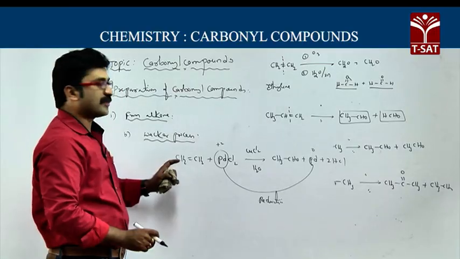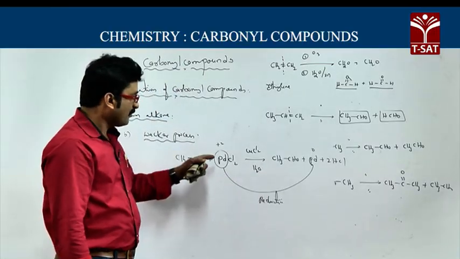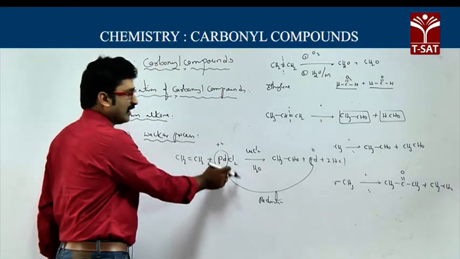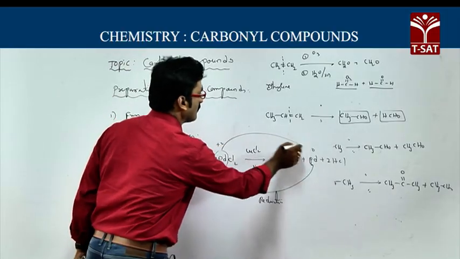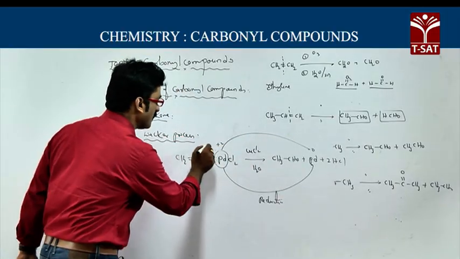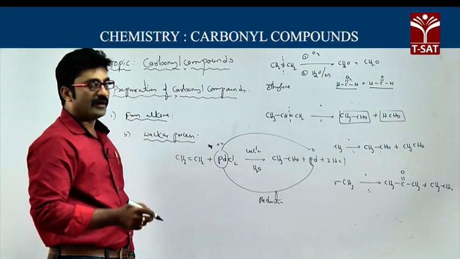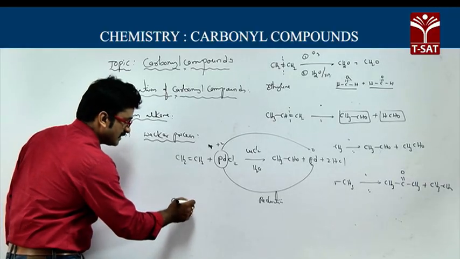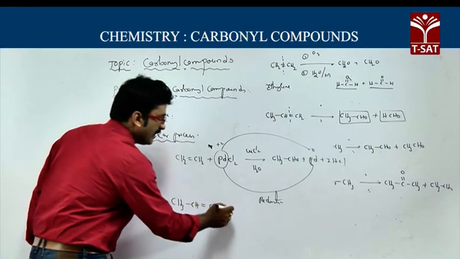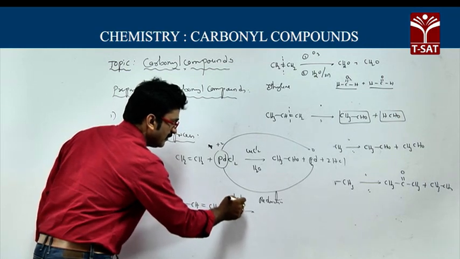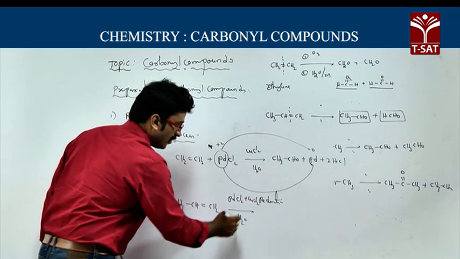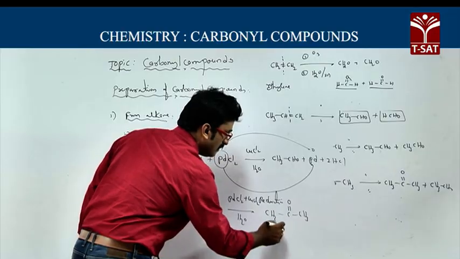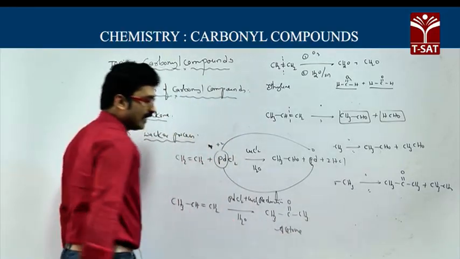So in Wacker's process, or in the preparation of acetaldehyde from ethylene, Pd is undergoing a reduction because its oxidation state is changing from +2 to 0. This is very important. Now we will take one more example, CH3CH=CH2, when it reacts with PdCl2, CuCl2 and water, here you will get CH3C(=O)CH3, acetone.